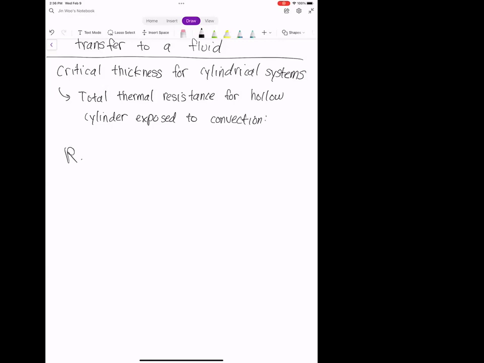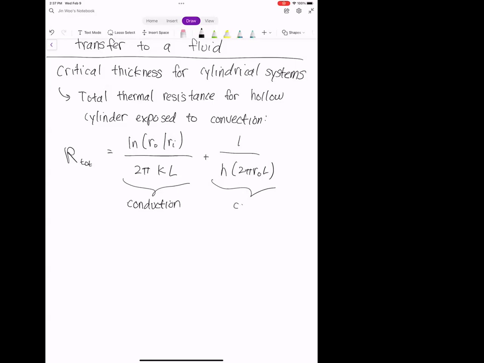Our equation for the total is going to have one contribution from conduction, and then one contribution from convection. These are just the two formulas that we talked about at the end of lecture on Monday. I've just added them together into one equation. The first one is from conduction, the other one's from convection.